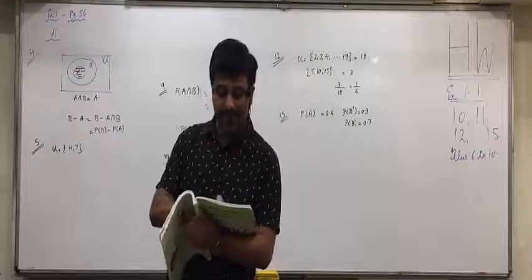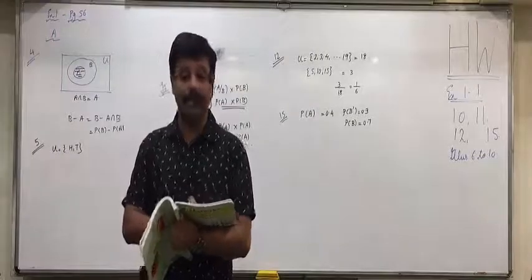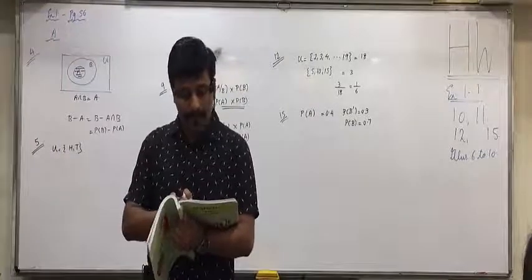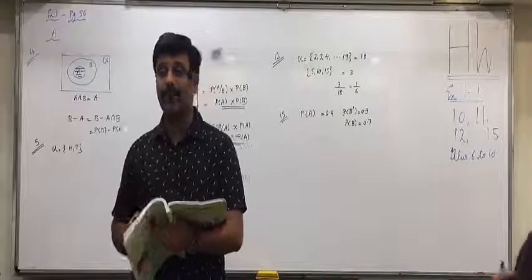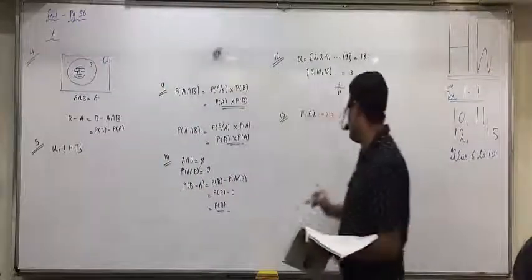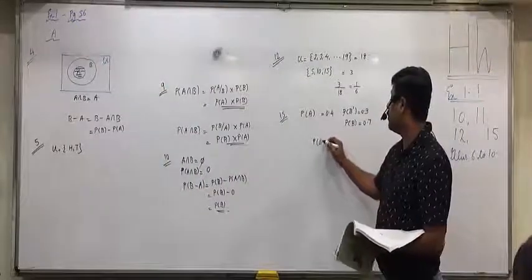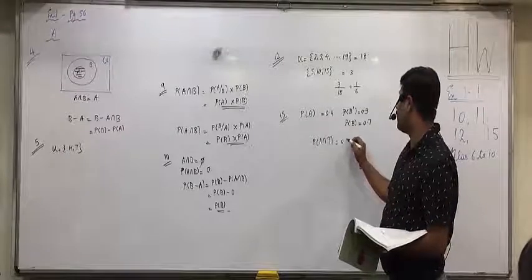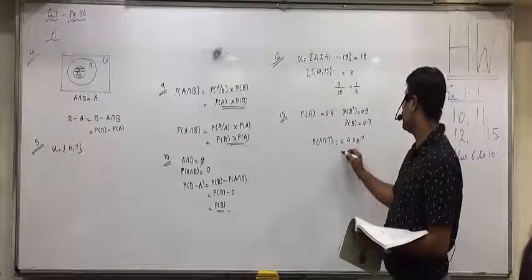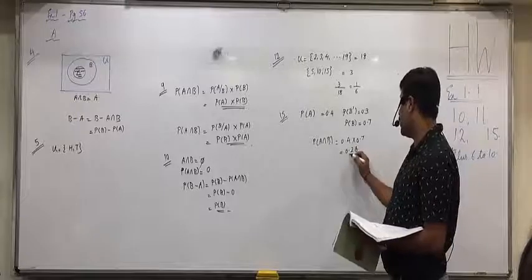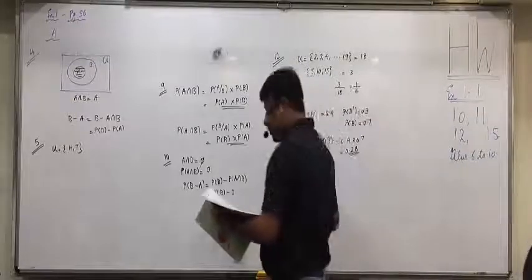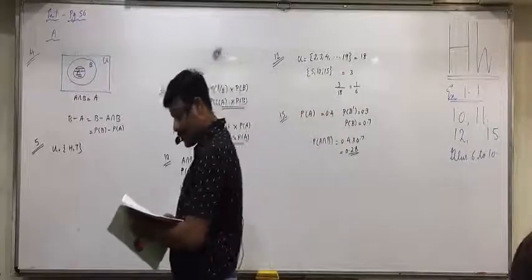Now for two independent events, state the value of A intersection B. You got independent events, how do you find A intersection B? P(A) into P(B), so 0.4 into 0.7, 0.28. Did you understand this, everyone?